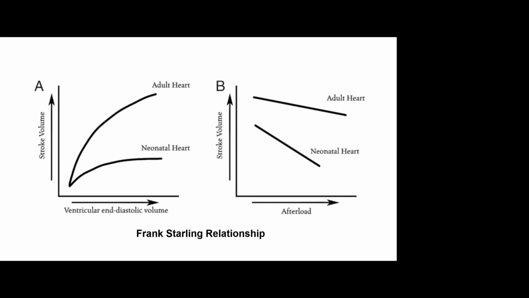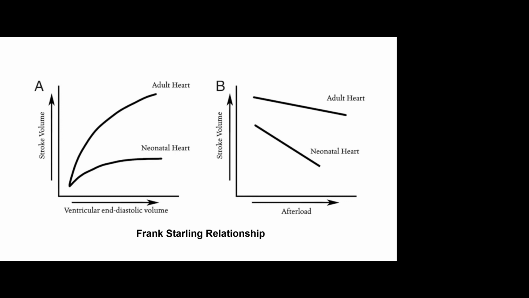Now, we all understand the Frank-Starling relationship, where increasing preload will result in an increase in stroke volume. The reason it happens is because when there is a stretch of the myocardium, the myofilaments are stretched, and this stretching results in the recruitment of more actin and myosin filaments.